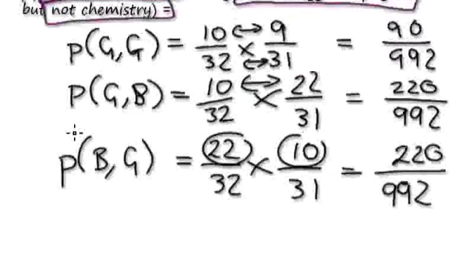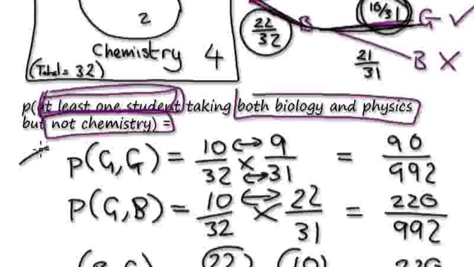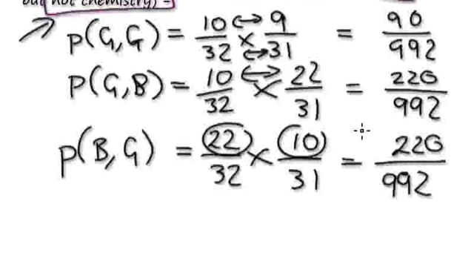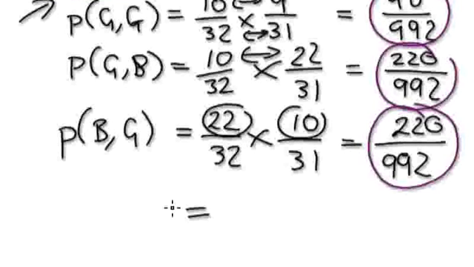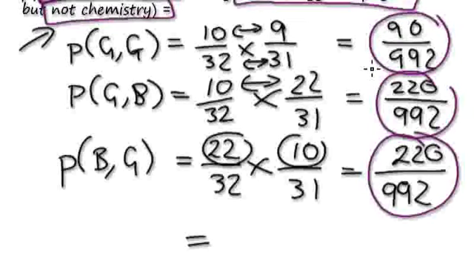So to answer this question, the probability of at least one student taking both biology and physics but not chemistry equals all these three added together. So you need to get this, add this, add this. Let's add them all together.